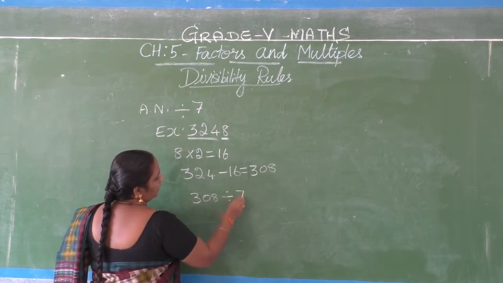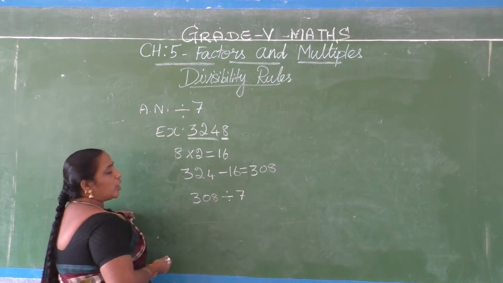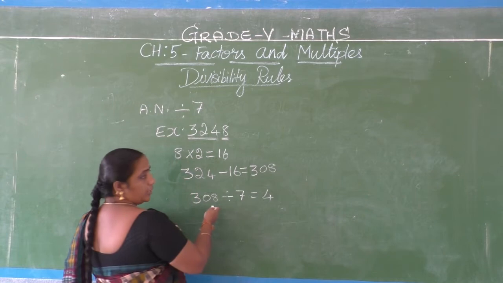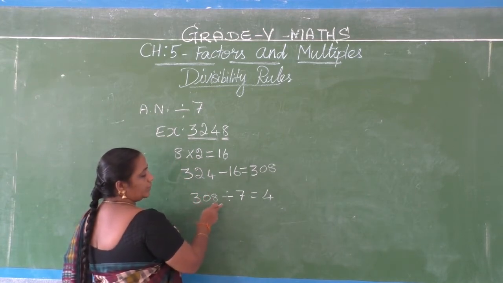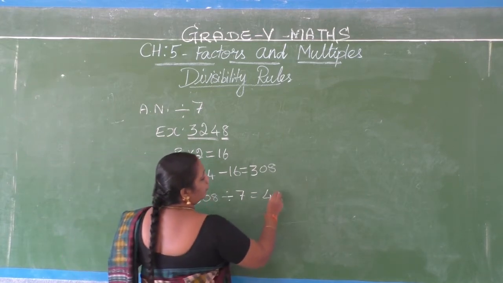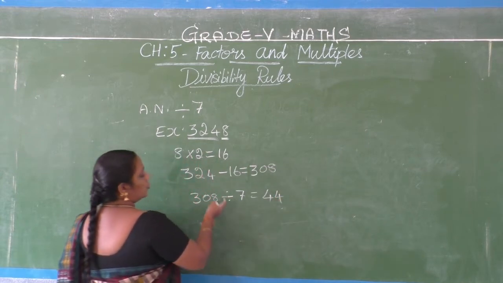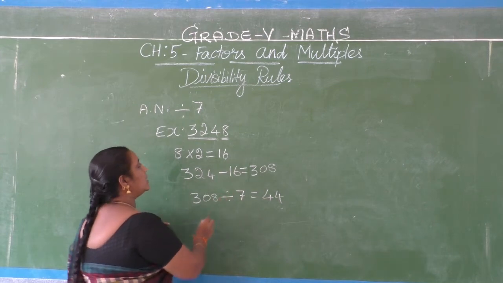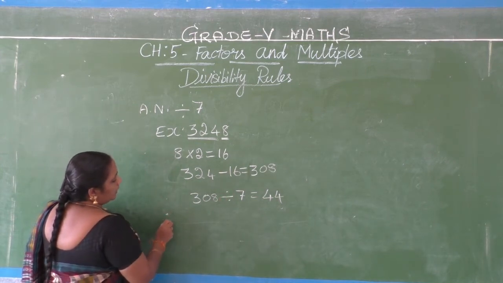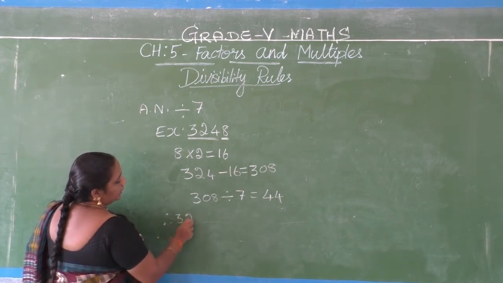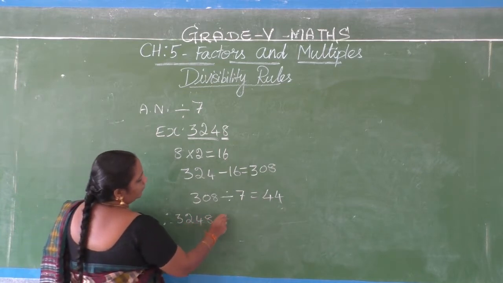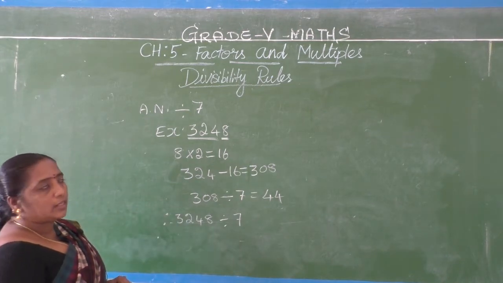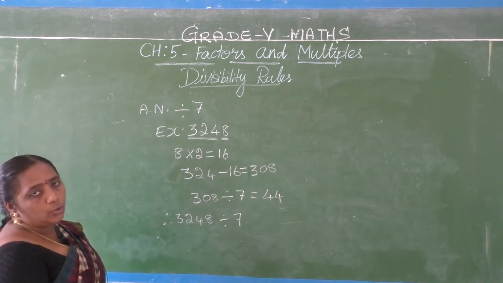In 30 how many 7s are there? 4 sevens are 28, so remaining 2 is there. Again we join, it is again 28, so again 4 times it will come. So 44. So this 308 is divisible by 7. That means therefore 3248 is divisible by 7. Okay? These are the divisibility rules.